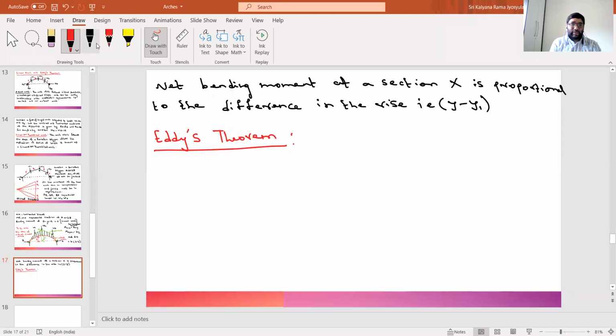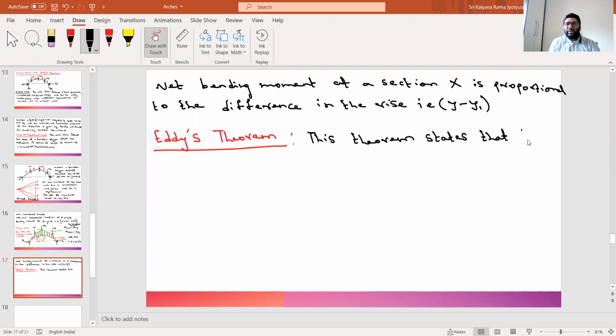Eddy's theorem. So this is the final concluding climax. Why are we trying to link these both?